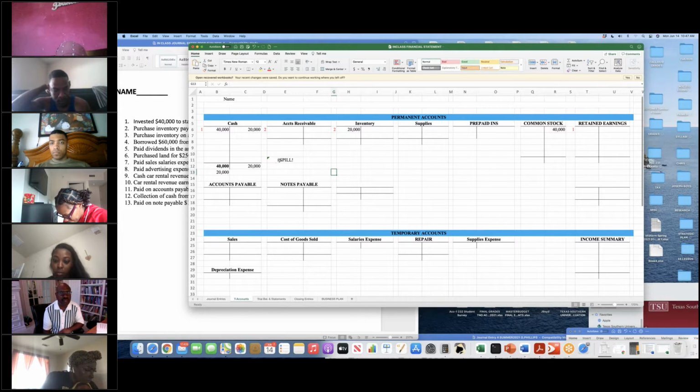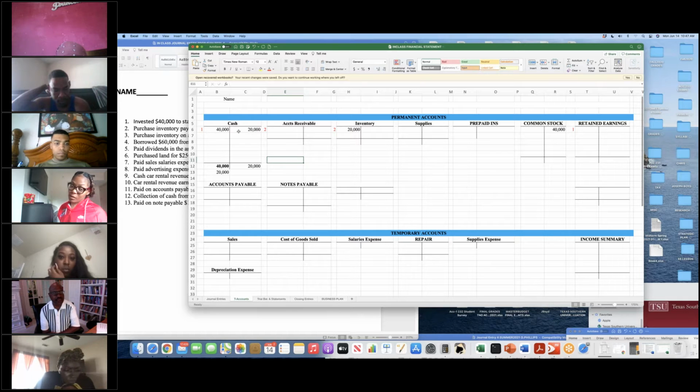Okay. So you can see you've got other cells on the side. So simply you just do that in those small cells on the side.